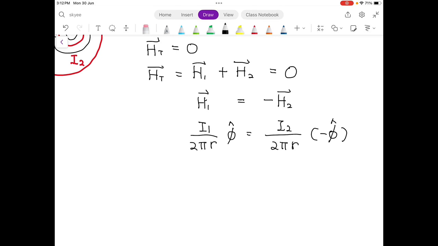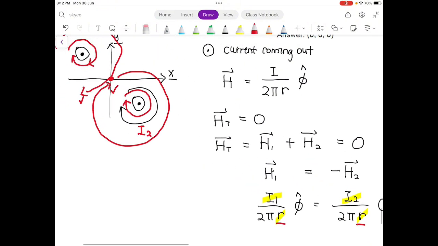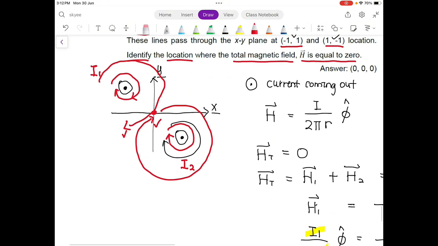So if I1 is the same as I2, to make them cancel out, the distance between them must be the same. So you have to figure out the distance.